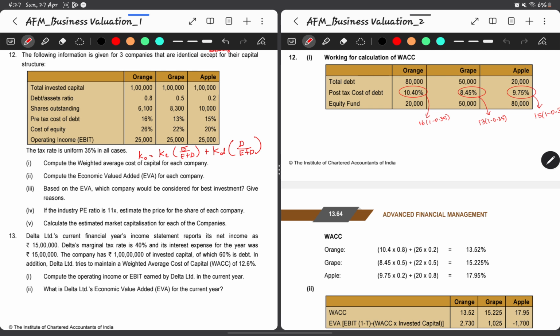Here we have the cost of equity and we know the ratio of debt to assets. KD we have, but it is pre-tax, so we have to adjust for tax to arrive at the post-tax cost of debt. Then the debt ratio we also have.